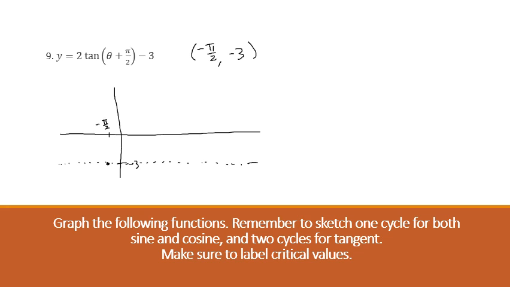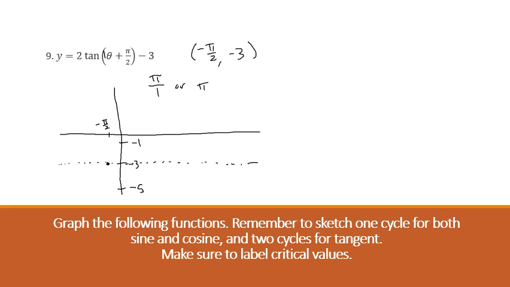Next we have a stretch of 2, so I'm going to go up 2 and down 2. It doesn't have an amplitude, but this shows how much it's being stretched by. This is how I'm showing the stretch. Now in front of the theta is nothing. It's really an invisible 1. So pi over 1, or pi.